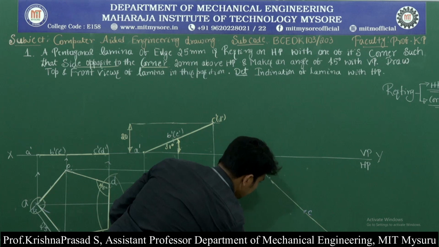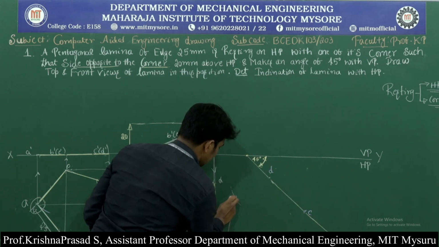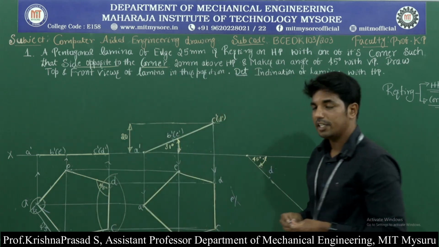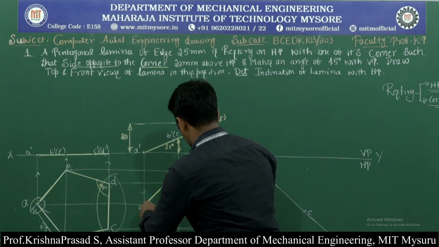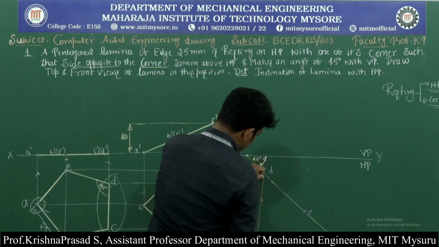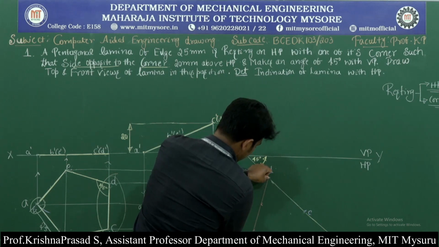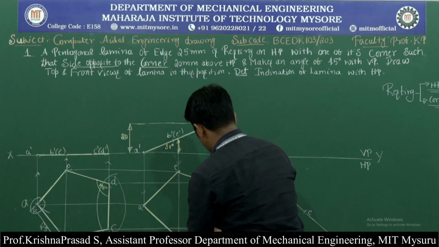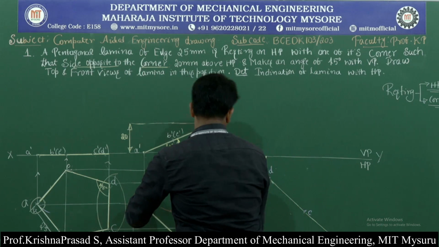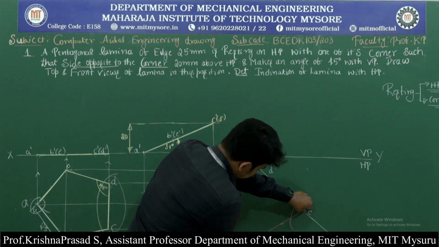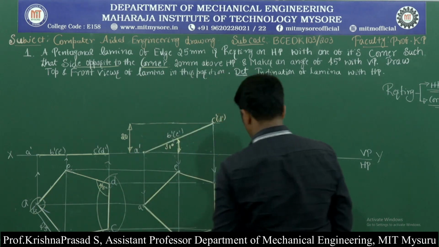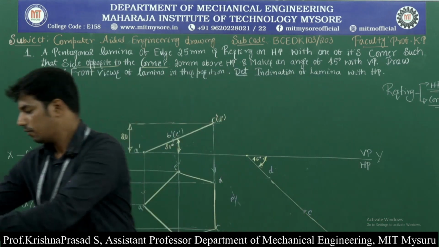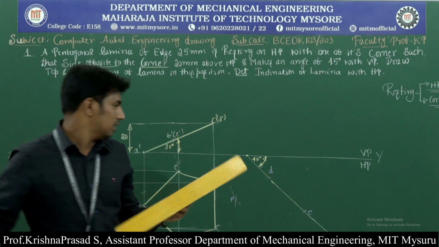So this is B and this is E. Finally, one more corner we need to locate, that is A. Measure the distance of A from D, cut the arc. Similarly measure the distance of C and A, cut the arc here. Okay, now we have located all the 5 corners. Now we need to join them with the darkened lines.